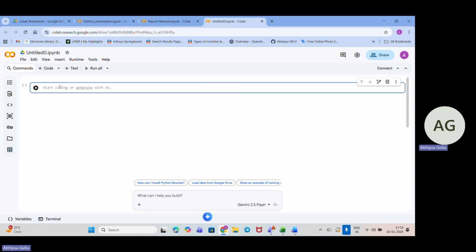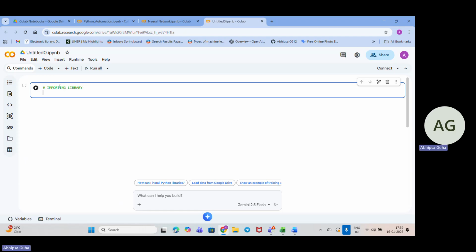Now, the very first thing is importing the library. Suppose I want to import NumPy as NP. Right? This is what I have.